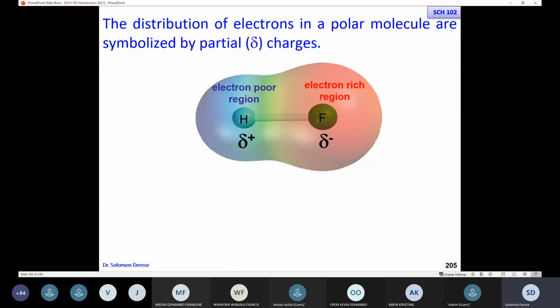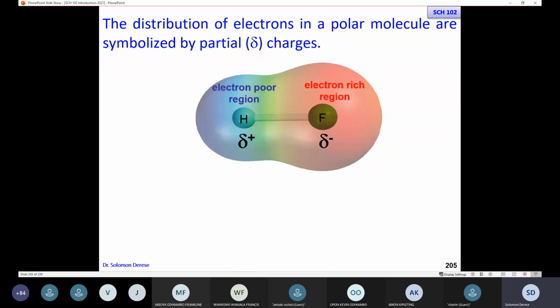For example, if you react hydrochloric acid with hydroxide, minus OH, this minus OH is going to react with which one? Will it react with the hydrogen and form a bond with hydrogen, or will it form a bond with the fluorine?